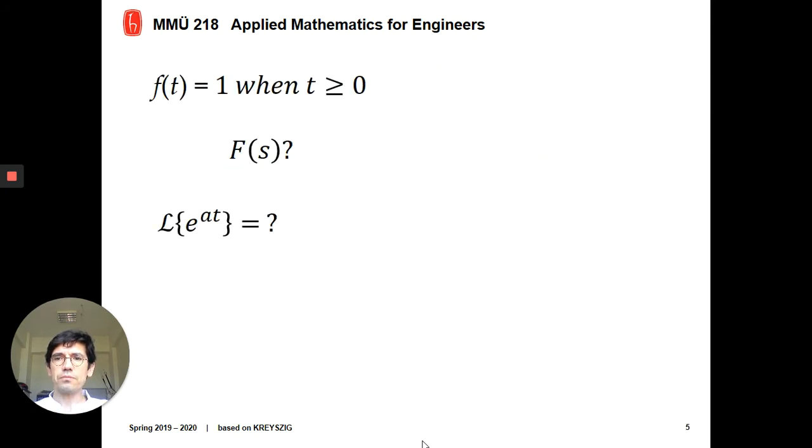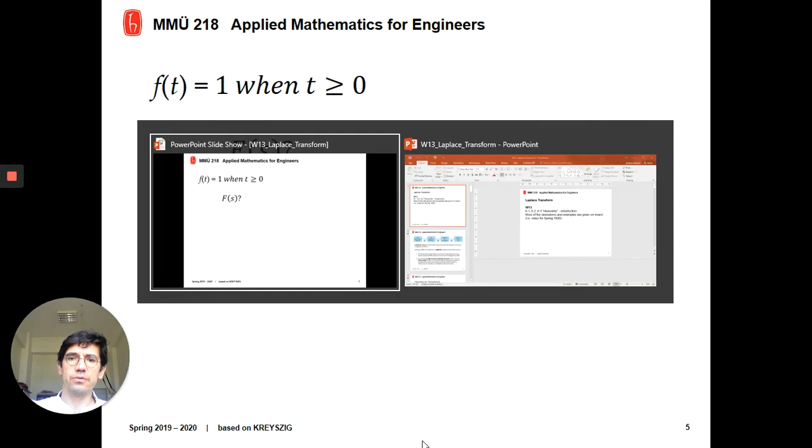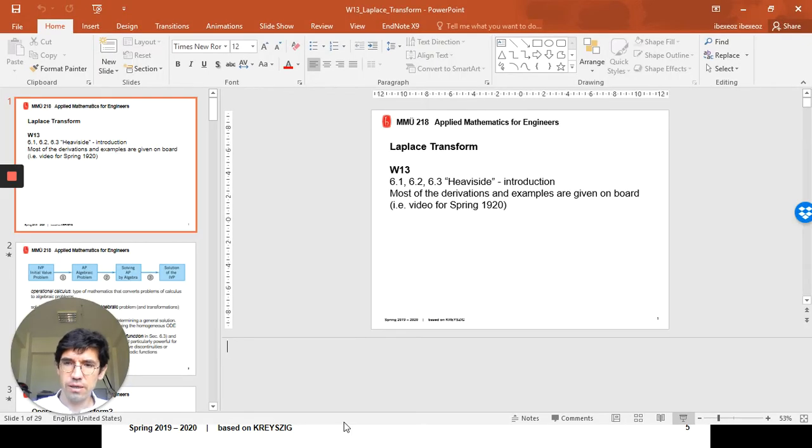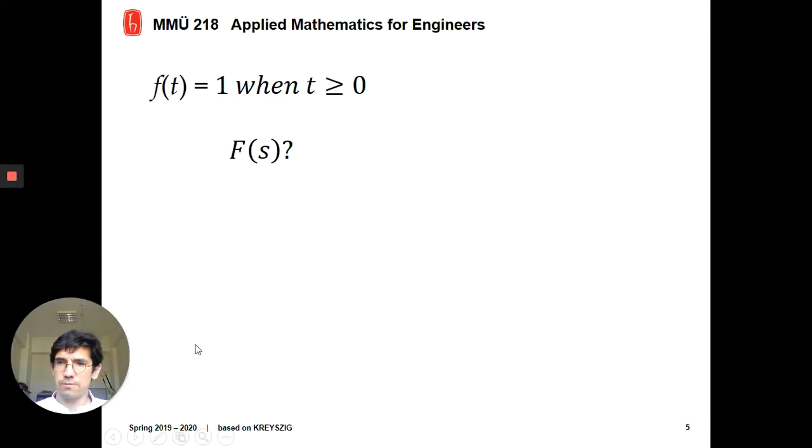Now, for example, f of t, if it is 1. One of the most important things that we have in our definitions is the range of convergence, ROC.